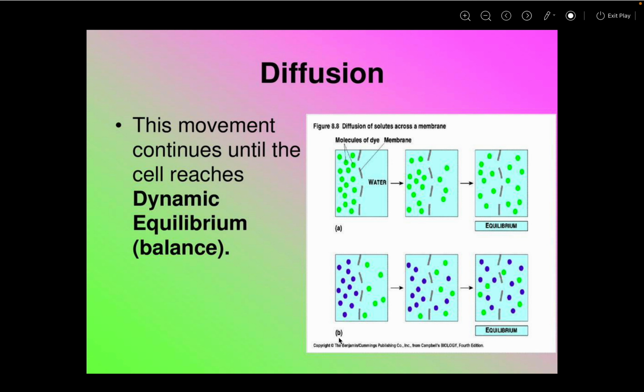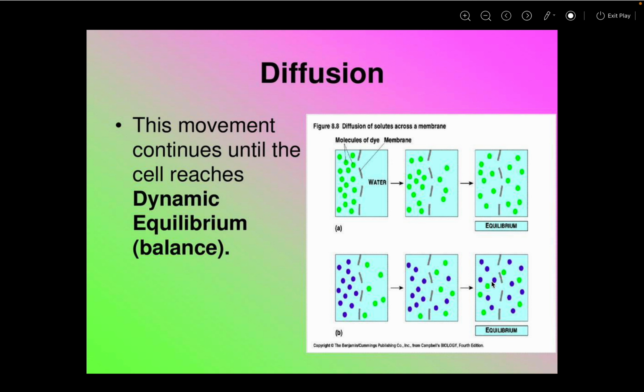And for the letter B, same thing, molecules of dye, which will eventually move out of the cell membrane. Once it happens on this second image, you can see that slowly these green molecules are being converted into purple molecules. And that is why there is also an equilibrium, because there is an equal amount of both green and purple molecules present.